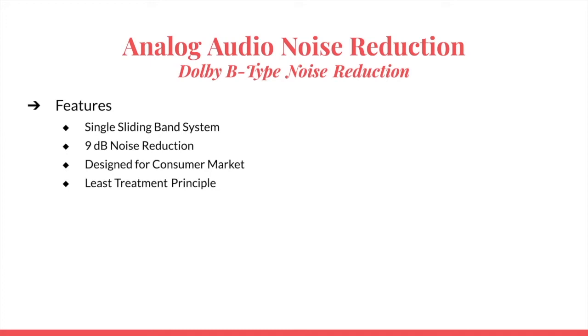Therefore, Dolby B applies the principle of least treatment in its design. Least treatment says if there's no benefit to be gained by changing the audio signal, then don't change it. This means that the loud signals are not processed, so there's no chance of causing tape overload when noise reduction is being used.